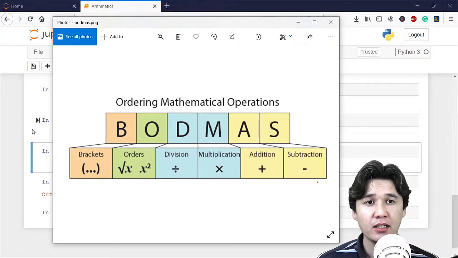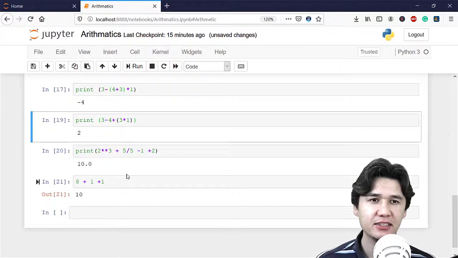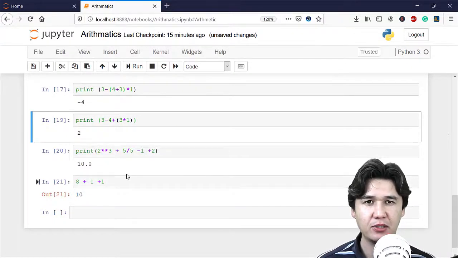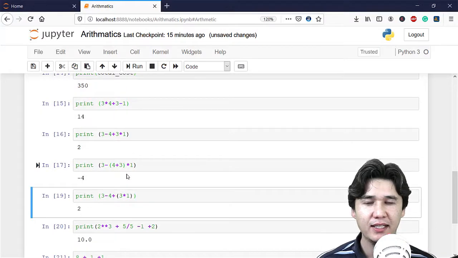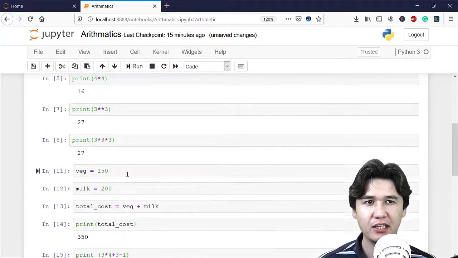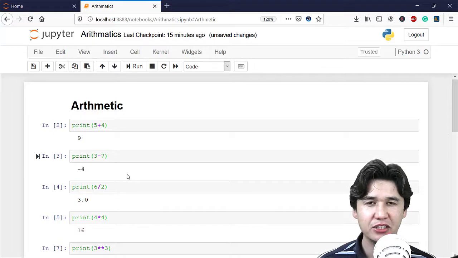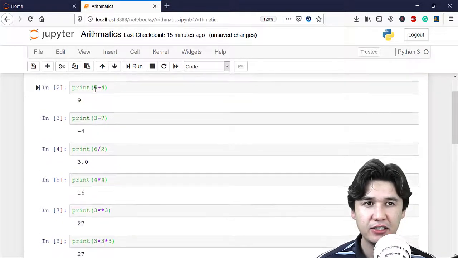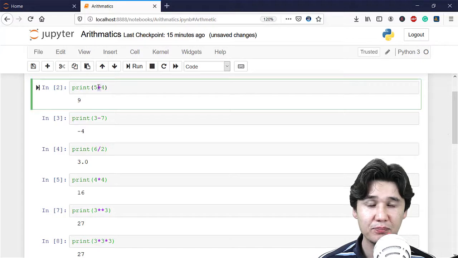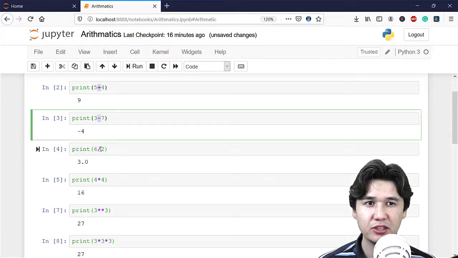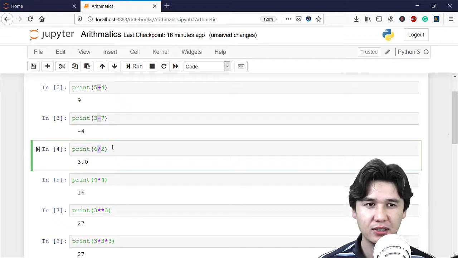Okay, now here are really simple arithmetic problems which you are going to solve in Python, and I will just give you a review of that lesson once again, of what we have learned in this lesson. We have added two numbers, and for that you are going to just put the plus sign, for subtraction the minus sign, for division you are going to use slash.